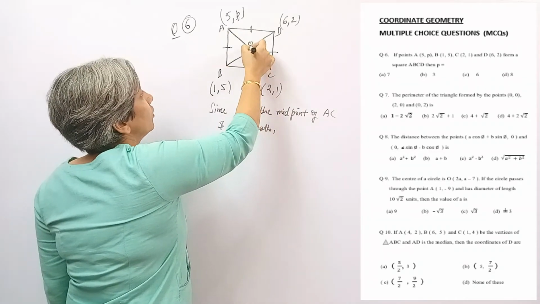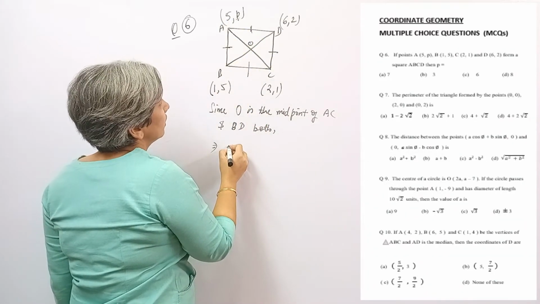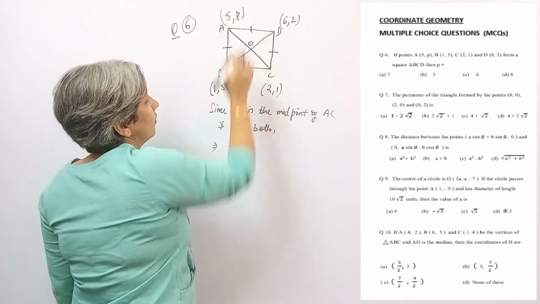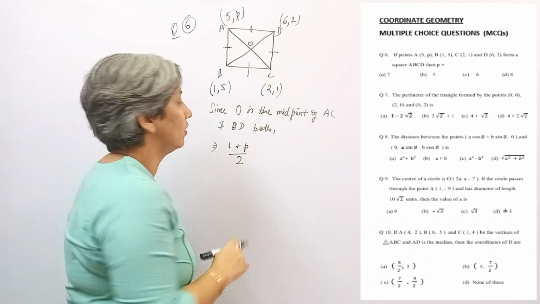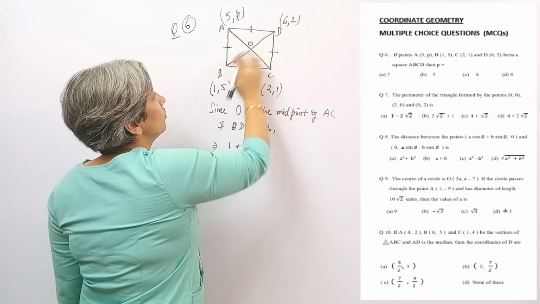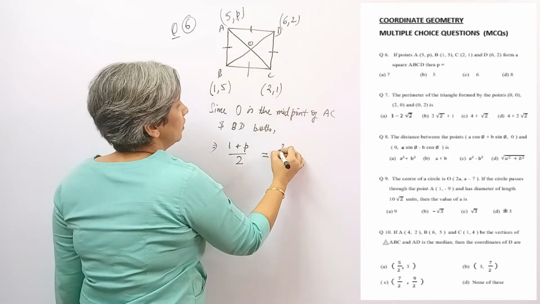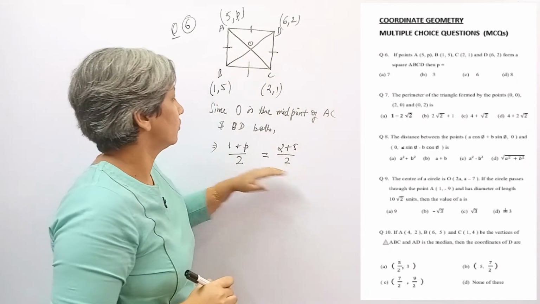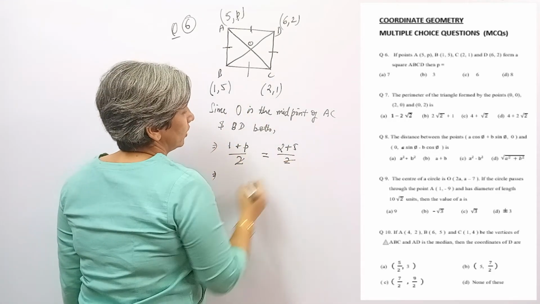So y coordinate of midpoint O, being the center of AC, will be y2 plus y1 upon 2, 1 plus p upon 2, right? midpoint formula लगा के हमें इसका midpoint का y coordinate मिल गया, which will be equal to BD का midpoint also. तो BD में लिखा देंगे y2 plus y1, 2 plus 5 upon 2, and these both will be equal क्योंकि दोनों O के ही कोऑर्डिनेट्स हैं. तो इससे P की वैल्यू निकाल दीजिए, 2 2 कैंसिल हो गया.